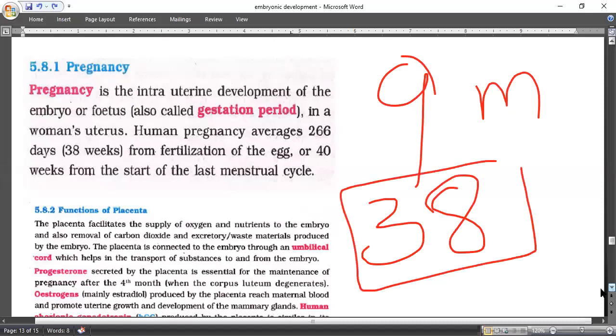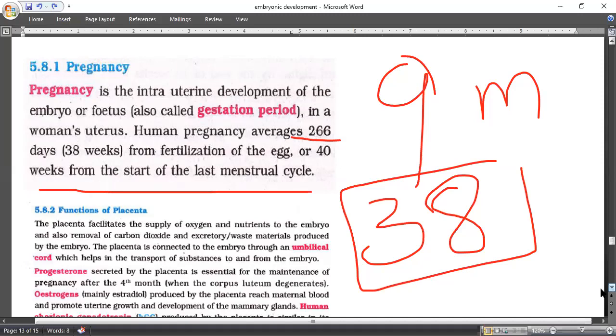Human pregnancy averages nearly 280 days; 260, 270, likewise so many calculations, and it may vary from person to person. Generally it is given as 266 days, 38 weeks from fertilization of the egg, or 40 weeks from the start of the last menstrual cycle.